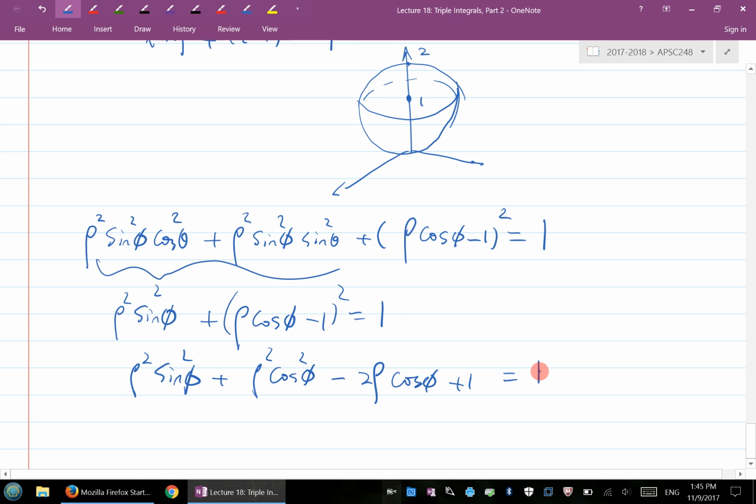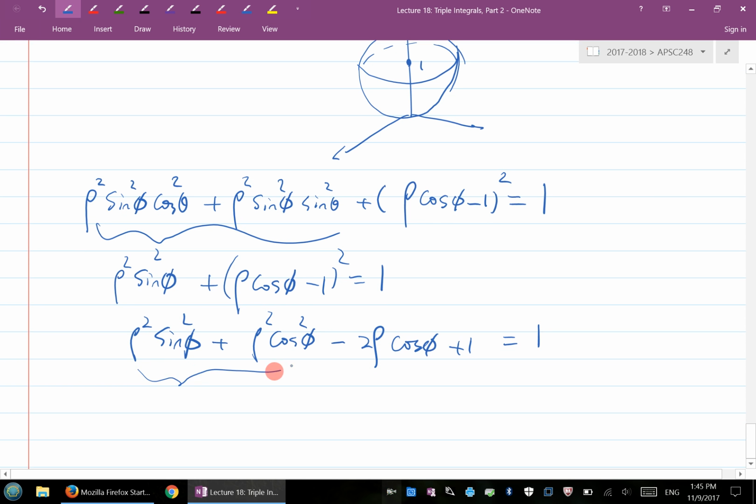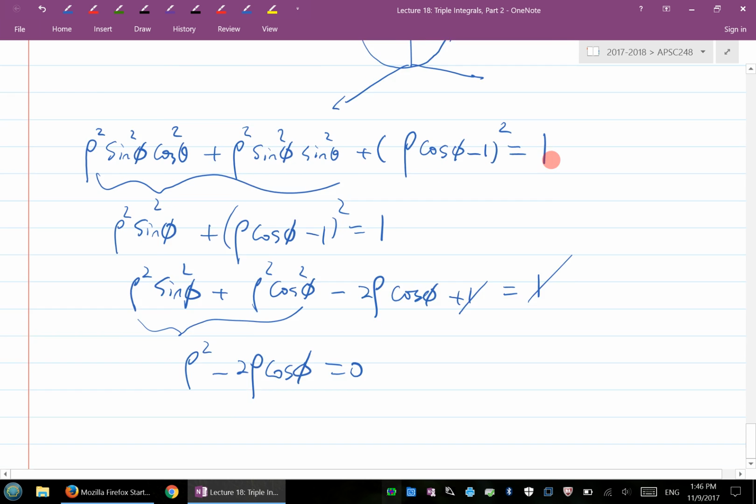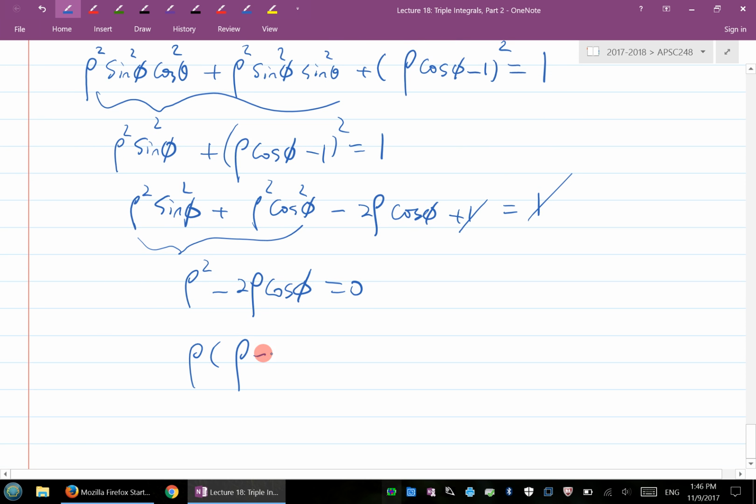The first two terms have common factor rho squared, and sine squared phi plus cosine squared phi is 1. The 1s cancel, so you get rho squared minus 2 rho cosine phi equal to 0. Take out the common factor rho: rho times (rho minus 2 cosine phi) equal to 0. So either rho equals 0 or rho equals 2 cosine phi.